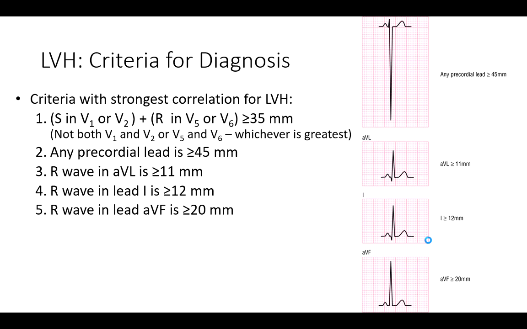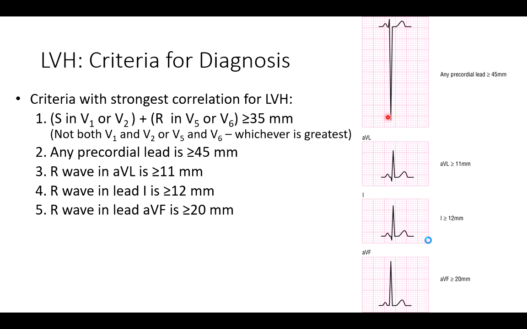We're counting a number of different things. We're looking at different leads. We're looking at the S wave in V1 or V2, or any precordial for that matter, that's greater than 45. But if we just look at V1 or V2, and we add that with V5 and V6, is it greater than 35?